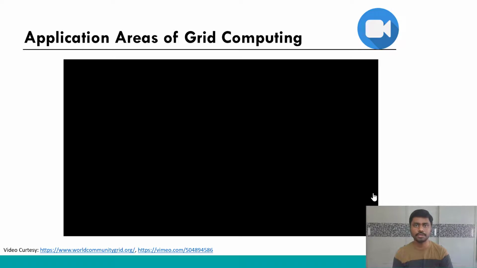Once your system is connected to the grid, the resources you offered can be shared. It can be storage or your processing power. We discussed the types of resources, your network, or even your software licenses, based on the need you offer to the grid. So this is how grid computing technology can be leveraged in scientific research.